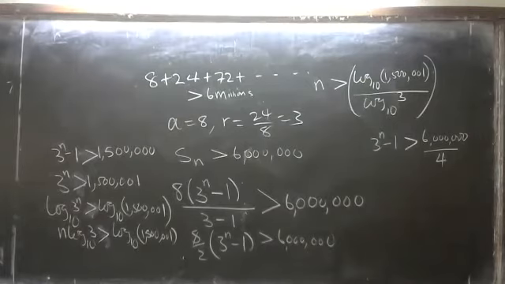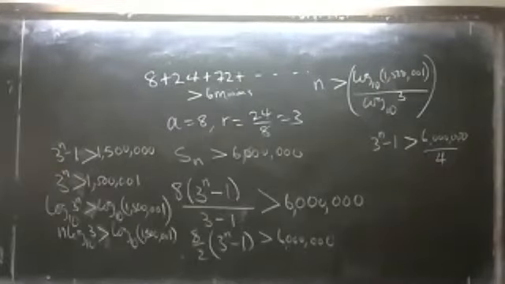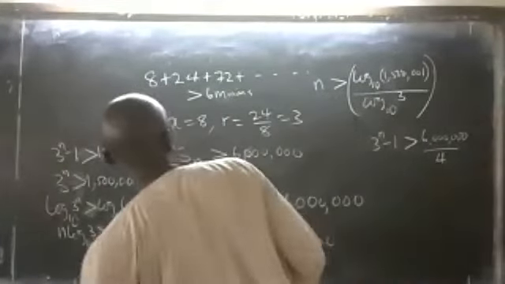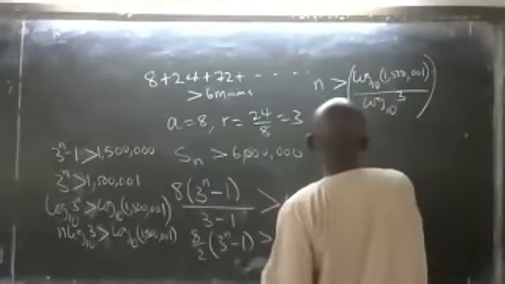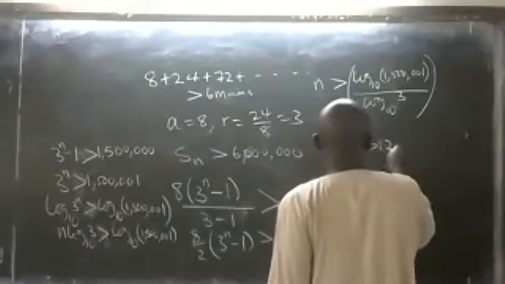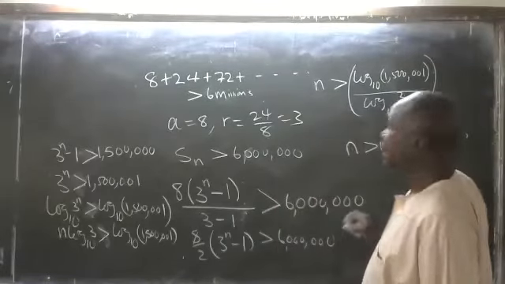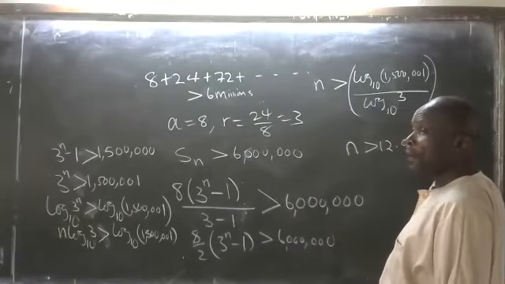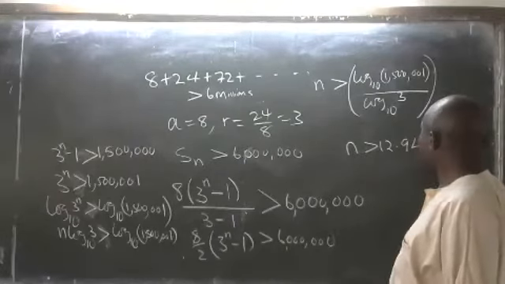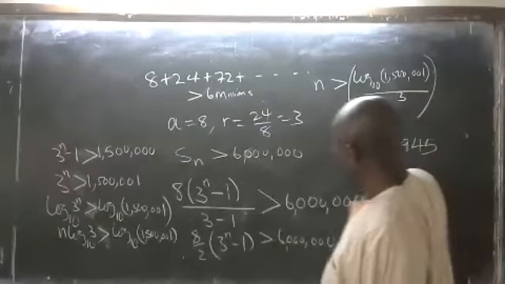What is that figure on your machine? 12.944, 5 so far. Maybe we want something which is greater than that.